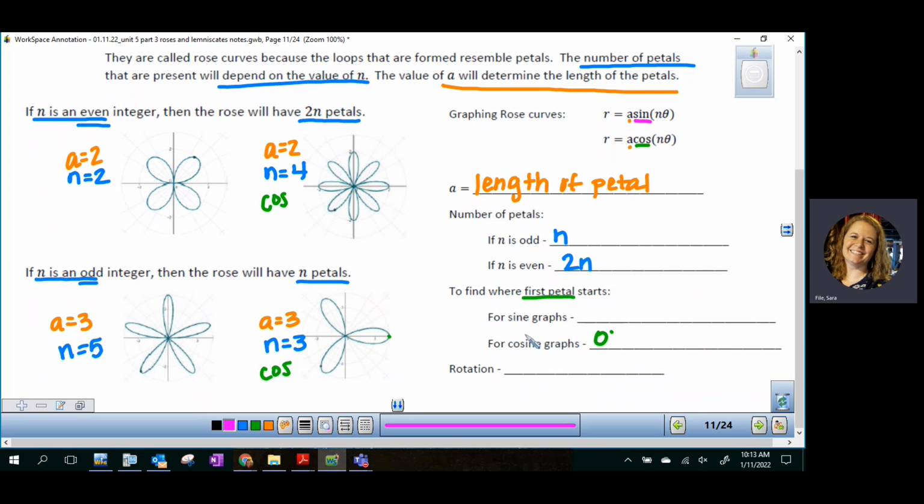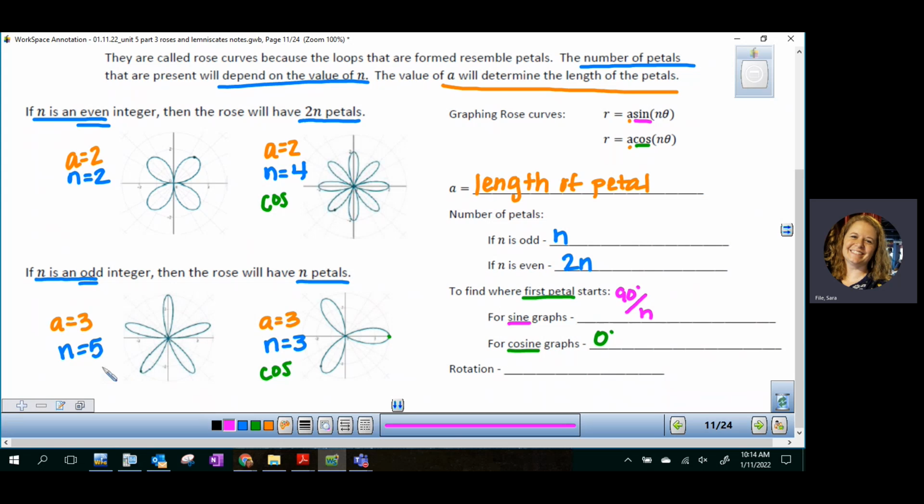So this one is a cosine function. Now, if it's a sine function, it's not always drawn at the exact same angle. Cosine is always at 0 degrees, the first petal. But sine is always 90 divided by n. Okay, so it'll vary based on the n value.